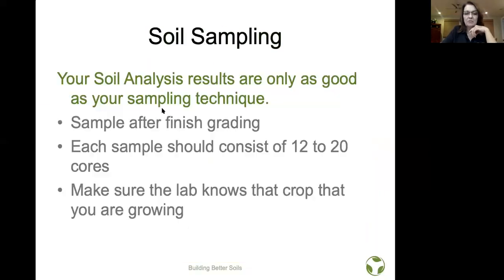So that's the home testing. Now the soil sampling, which I was going to talk about next. Usually we want to sample using a soil probe. If you're going to take a sample and send it to the lab, you have to take 12 to 20 cores and take off the top leaf mulch layer.